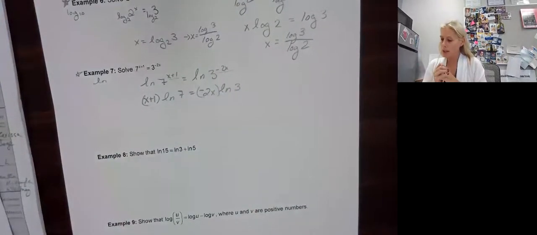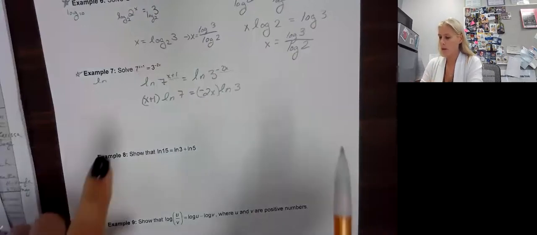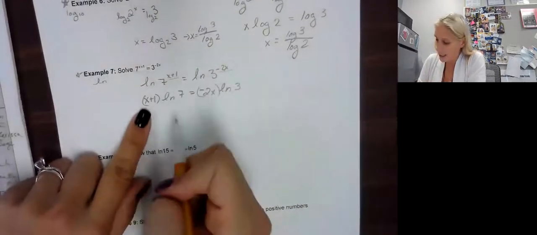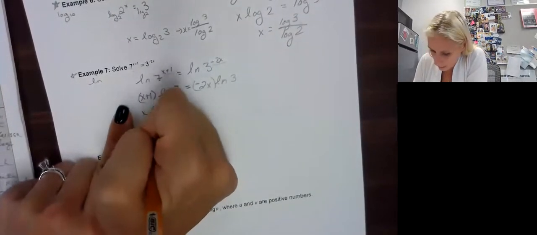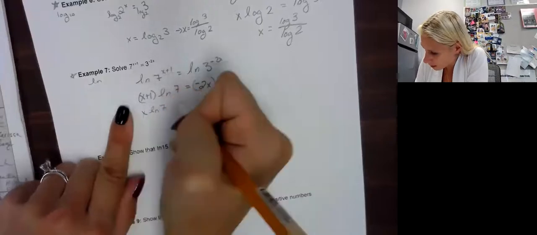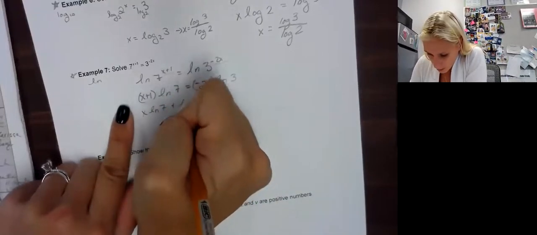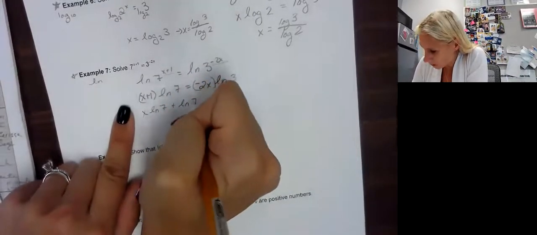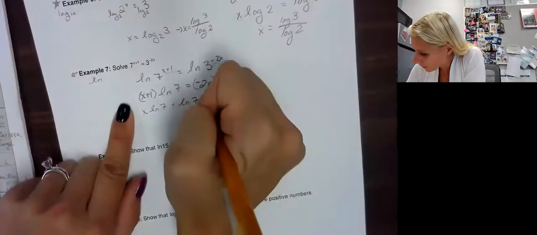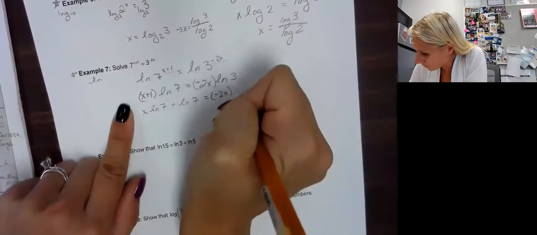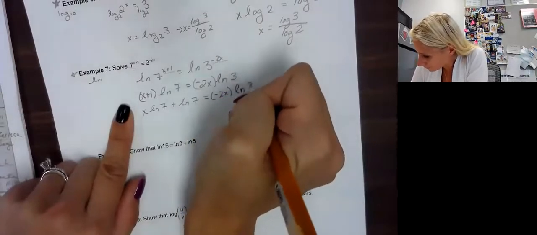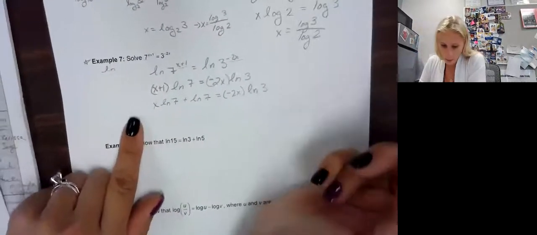Now remember, the idea is to get x on one side. The problem is right here. We want to distribute that out, so we get x ln 7 plus ln 7, I don't have to put the 1 down there, equals negative 2x ln 3. All right, now what do we do?